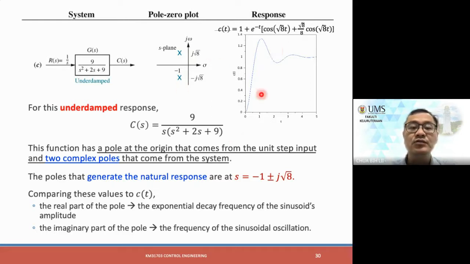And you expect the characteristic would be like this. Under damped, it will still damp out, but it's underdamped. We call these sections the sinusoidal oscillations. And what occurs here is that they still have this so-called real component. This real component contributes to the exponential decay of this particular frequency.